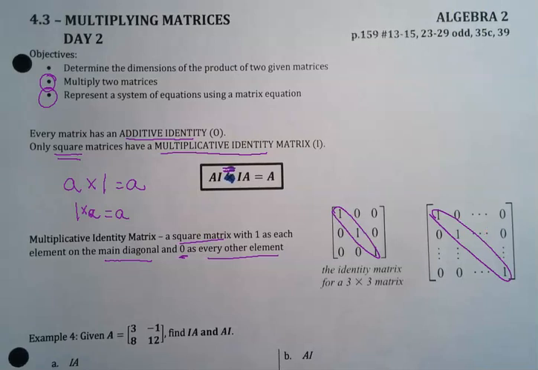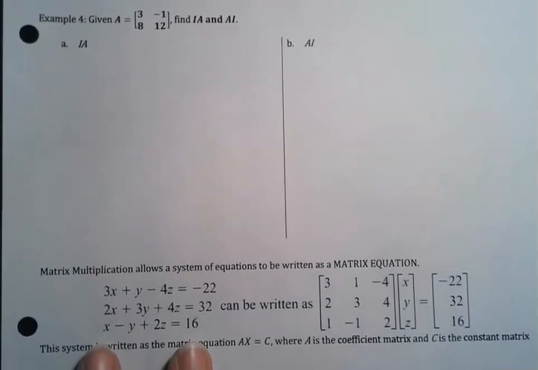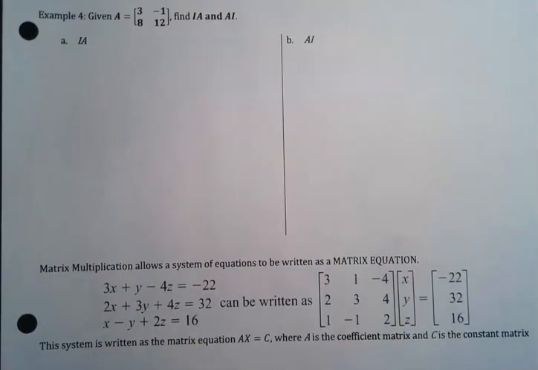Now that we've got that down, let's put it into practice with example 4. Given matrix A, 3, -1, 8, 12, find the identity matrix times A and A times the identity matrix I. First of all, since this is a square matrix, a 2 by 2, the identity matrix I would equal 1, 0, and then 0, 1.